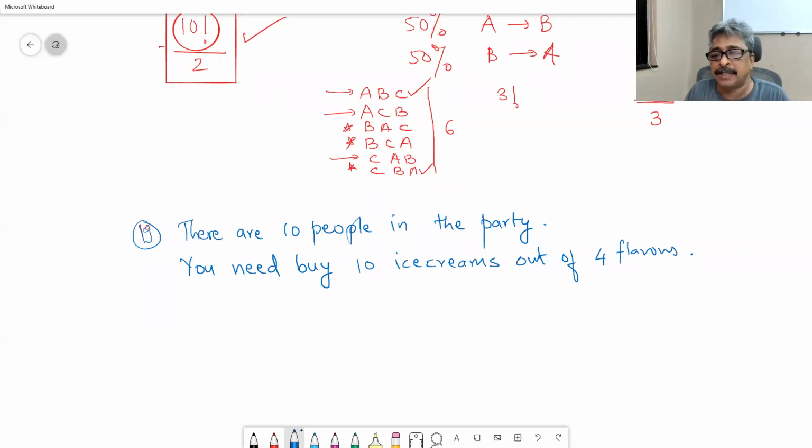You need to buy 10 ice creams out of 4 flavors. There are 10 people in the party. You are sent to the ice cream shop and you are asked to buy 10 ice creams. But in the ice cream shop, there are only 4 flavors. In how many ways can you buy?